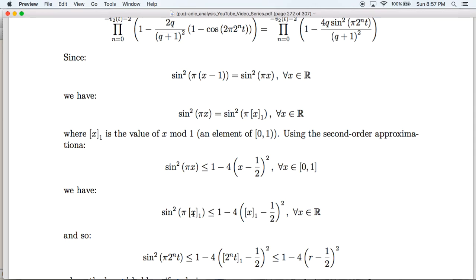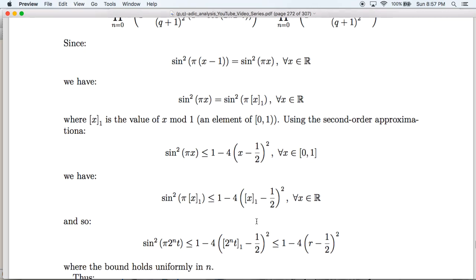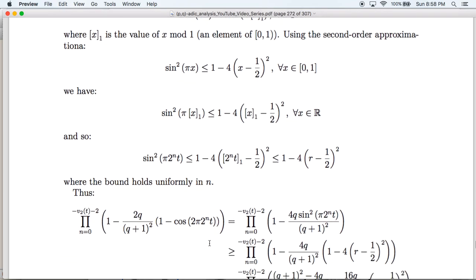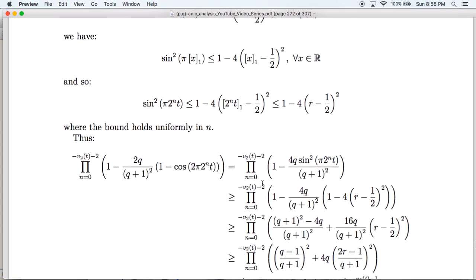We then plug in x mod 1. And so we have sine squared of pi 2 to the n t is less than or equal to this. And since t is doubling bounded by r, this is going to be less than or equal to here, and the bound is uniform in n. So then now we just use our lower estimates.